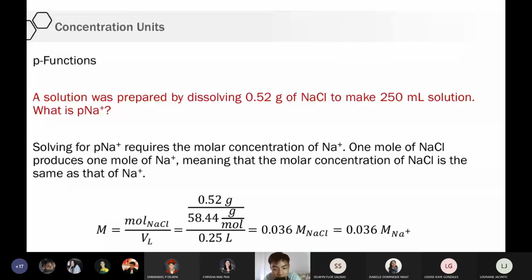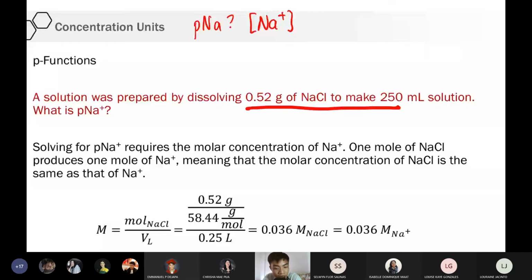Kailangan natin ng concentration ng Na+. How are we going to solve for the concentration of Na+? We will start with our given substances. Sabi dyan, we have 0.52 grams of NaCl dissolved in 250 ml solution.